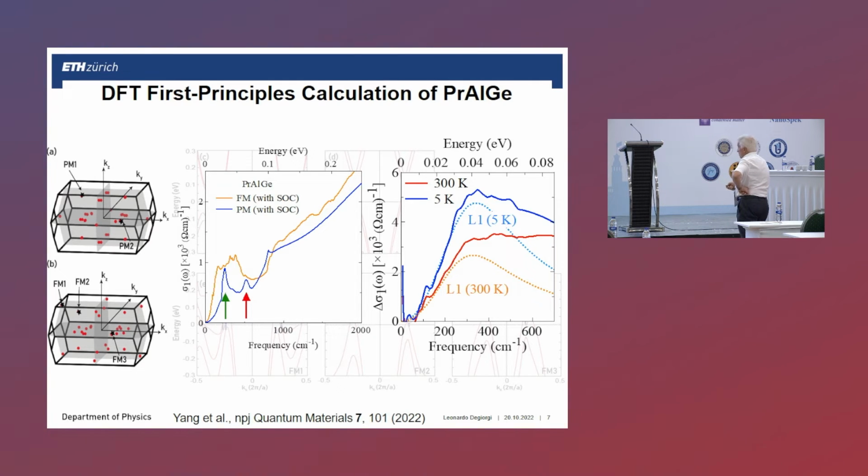But from the calculation point of view, in that low spectral range, you see that in the paramagnetic state, there are actually two single resonances or absorptions, corresponding to those characteristic resonance frequencies, the green and the red that I was pointing out before.